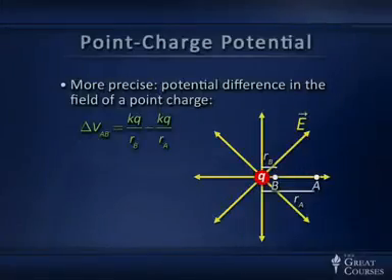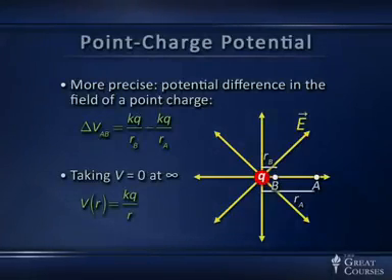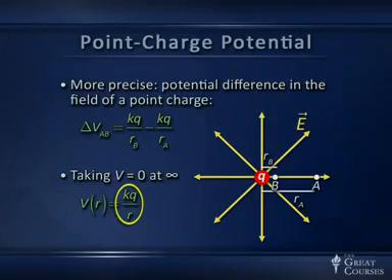So then we can talk about the potential of a point charge as I go from a point A, a distance RA from that charge, to a point B, a distance RB from that charge, and now I'm going to let point A get infinitely far away so that RA goes to infinity and 1 over RA goes to 0, and then I have a very simple expression. If I'm taking the 0 of potential effectively at infinity, V as a function of position is simply KQ over R for a point charge.